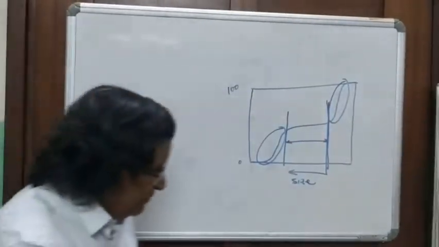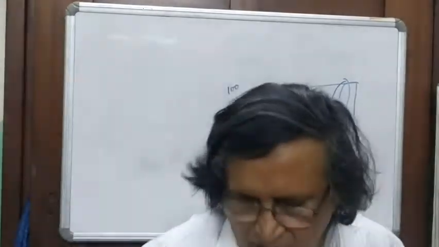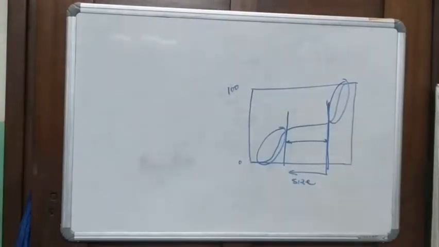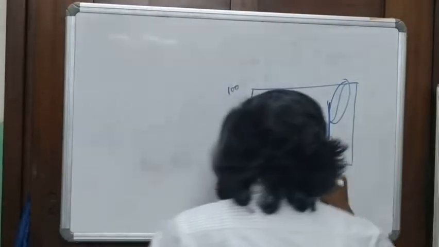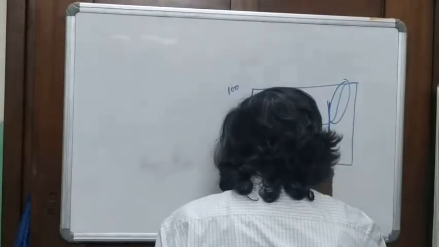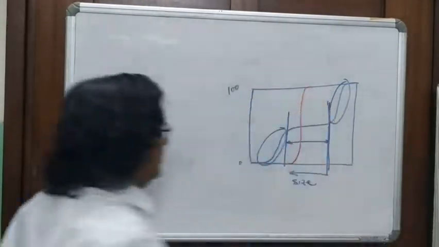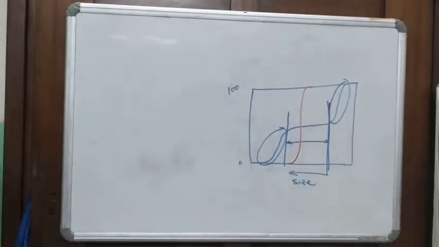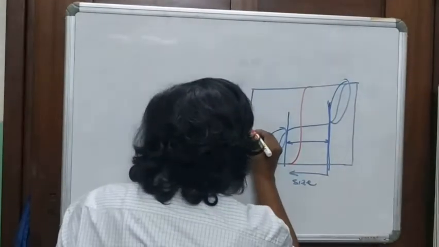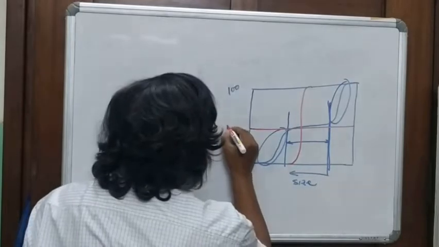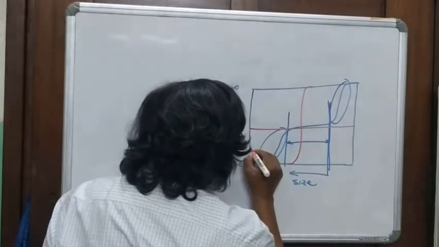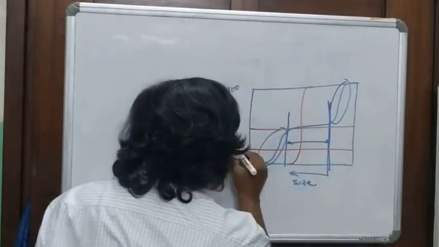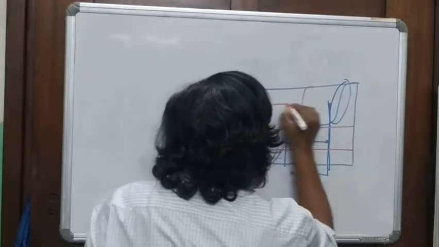But instead, if I draw a curve like this, what does it mean? Say for example, this will be the median value, MD, this is Q3, remember, and this is Q1.